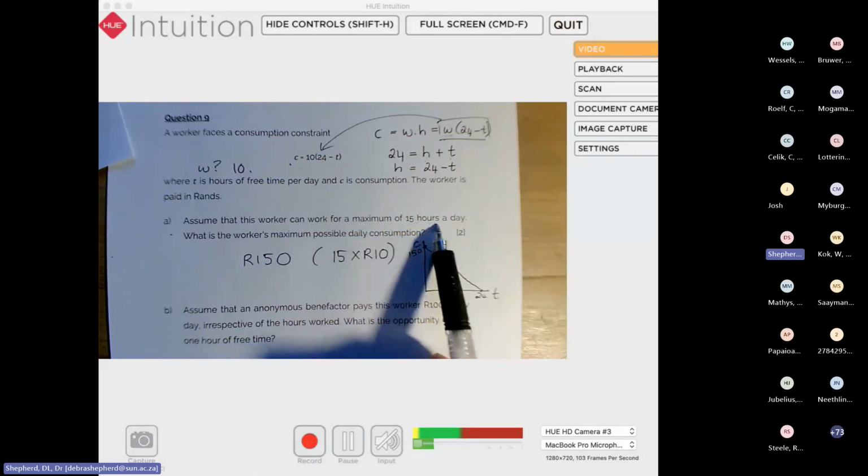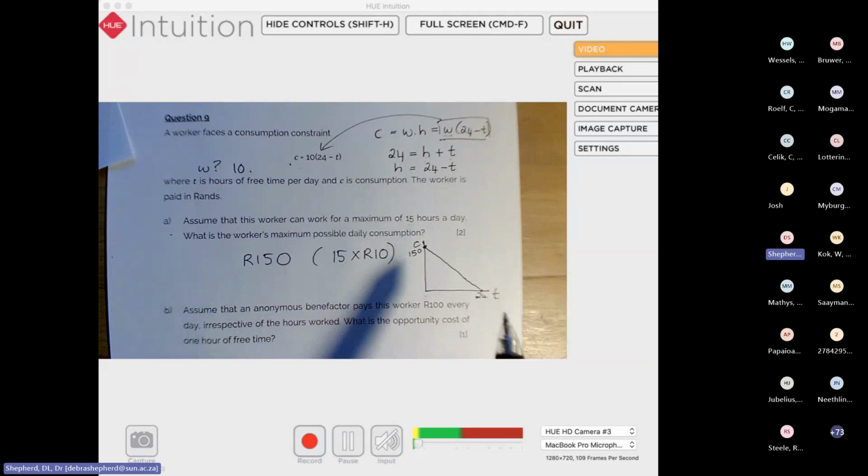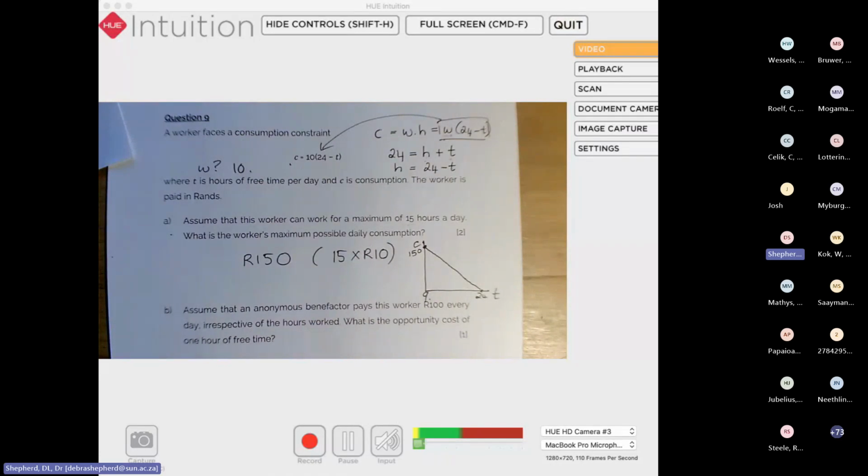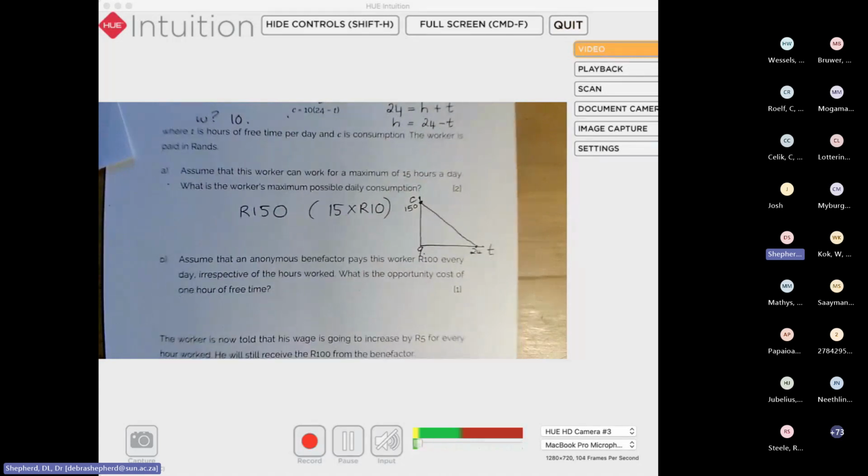So if you're working 15 hours a day at most, what is the minimum free time in a day? So the maximum free time is 24. What would the minimum free time be? 9. Perfect. Okay, so that's how the budget constraint, the consumption constraint would look using this information.